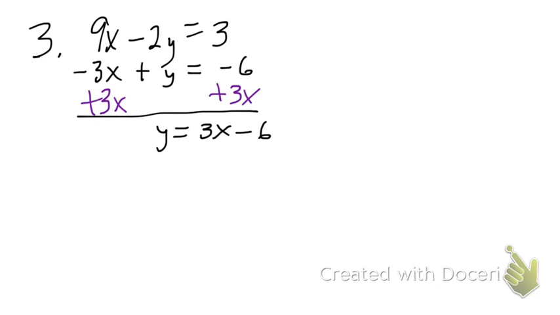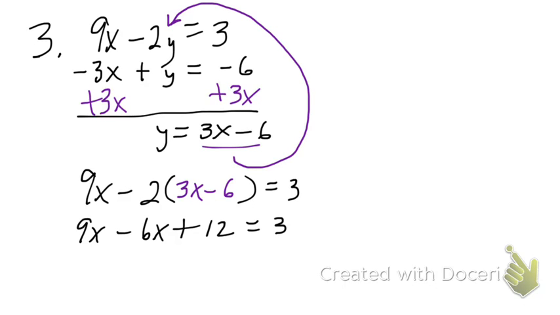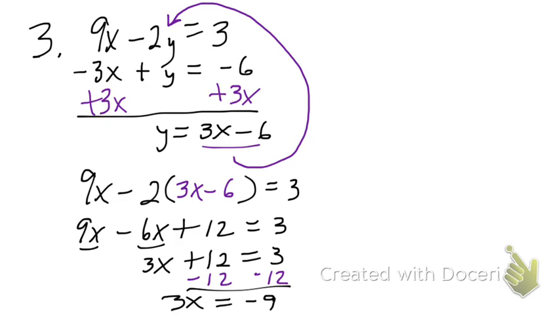Now that we solved the second equation for y, we can do a substitution into the first equation. So we're going to replace the y in the first equation with 3x minus 6. Notice this is an equation in x that we can solve for x. And if you do that, you should get x equals negative 3.